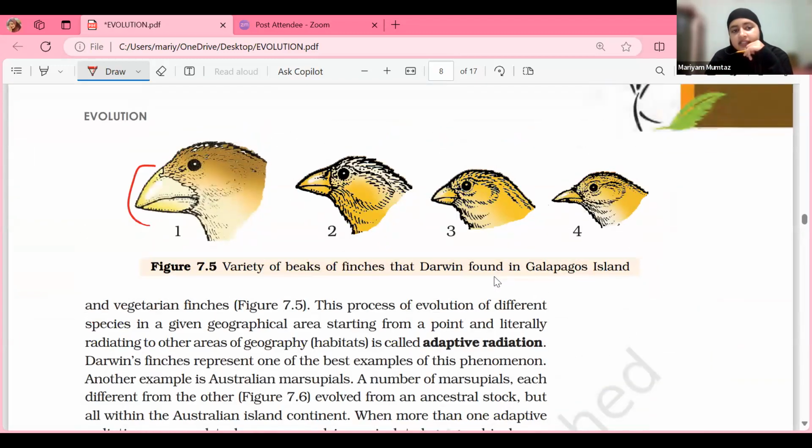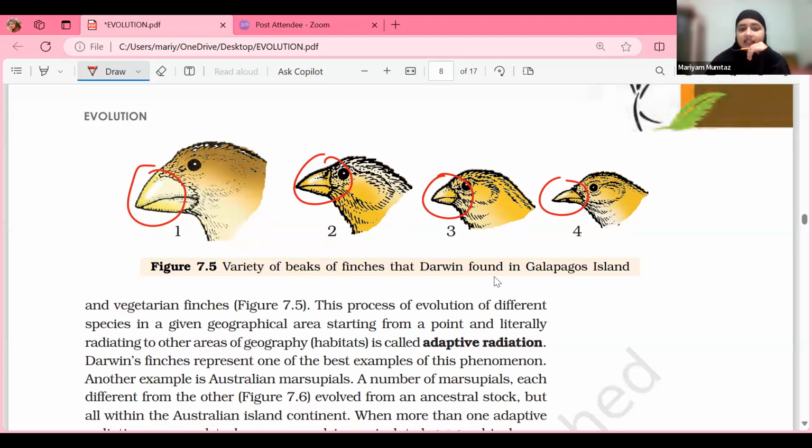See how the beaks are different for all of them, right? So he saw that each of those finches, the birds, had beaks that differed according to their feeding habits. The ones feeding on seeds or insects had a smaller beak. The ones feeding on fruits had a different type of beak.